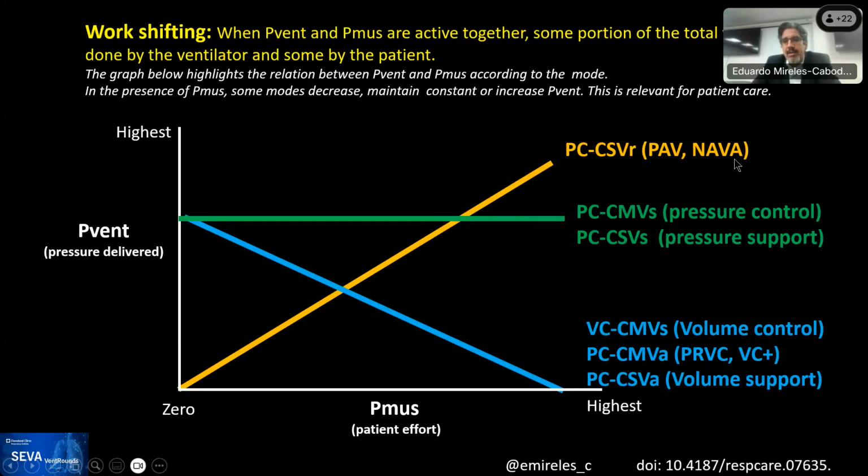Then it's CMV, and CMV stands for continuous mandatory ventilation, and in this case, the breaths are mandatory, even though they're triggered by the patient. They are cycled by time, meaning that in PRVC, you're setting an inspiratory time, and so every breath ends at the set I-time that you put.